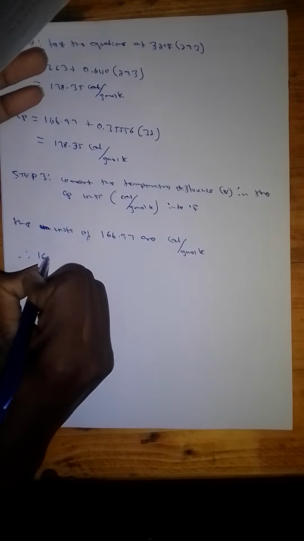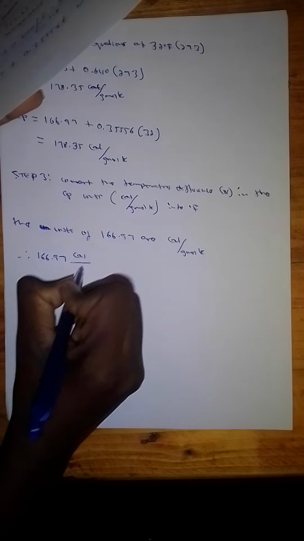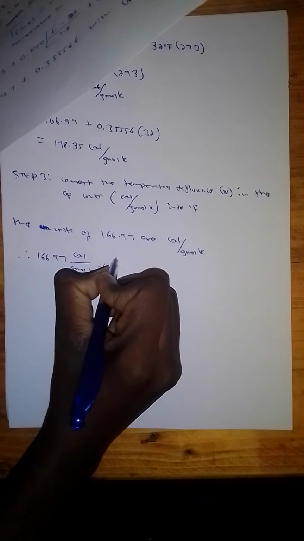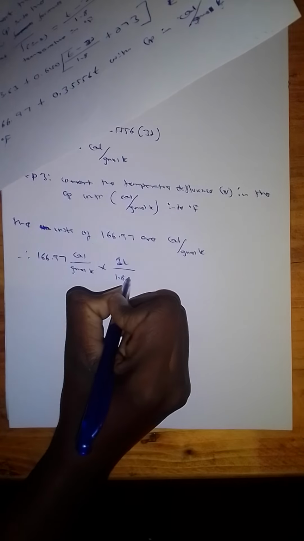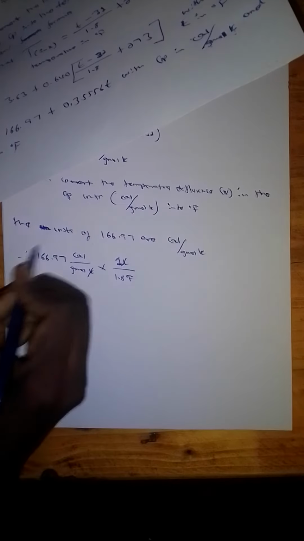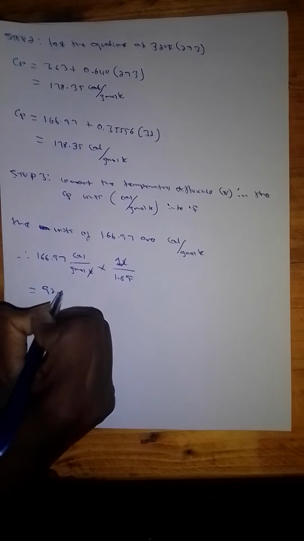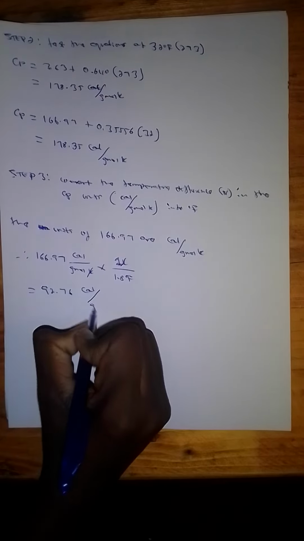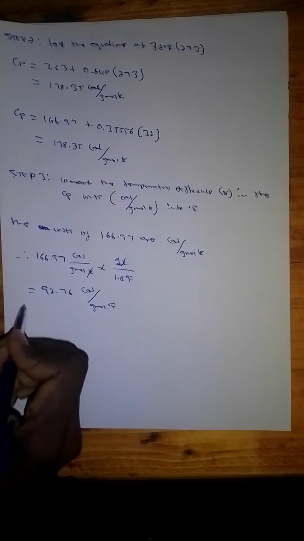So you can say, therefore, 166.97 calorie per gram mole Kelvin multiplied by 1 Kelvin. We know that 1 Kelvin equals 1.8 degrees Fahrenheit. With that said, this gives us 92.76 calorie per gram mole degrees Fahrenheit. So that is actually it.